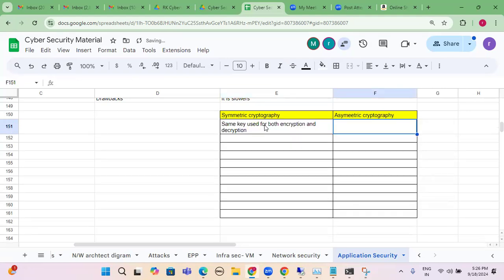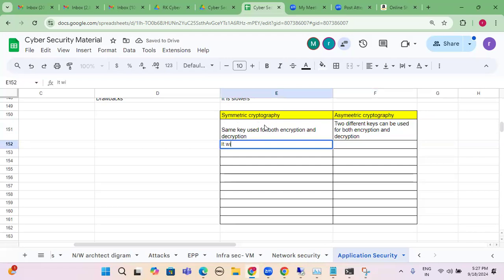Whatever we discussed above, I'm providing in tabular format so that it is easy for you to understand or differentiate. Two different keys can be used for both encryption and decryption. That is called asymmetric.